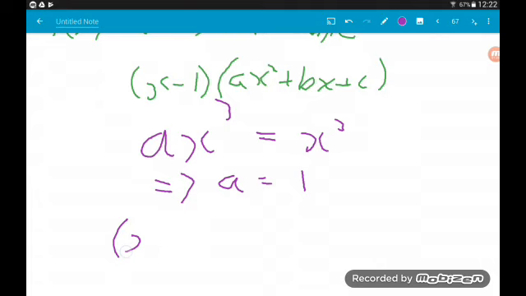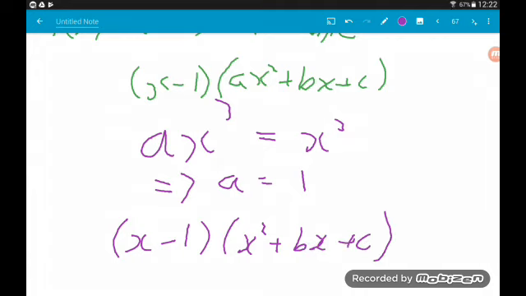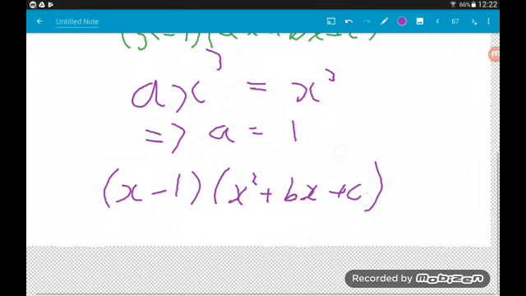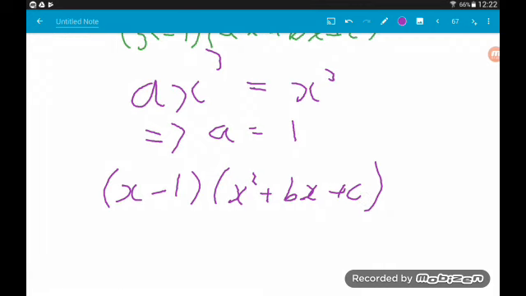So we can fill in a little bit of our quadratic factor. We've got x minus 1 times a single x squared plus bx plus c. Now, when we expand this bracket out, let's think about what constant term we are going to get at the end. The constant term means the term without any x's attached to it. Here, that's going to be minus 1 times c.